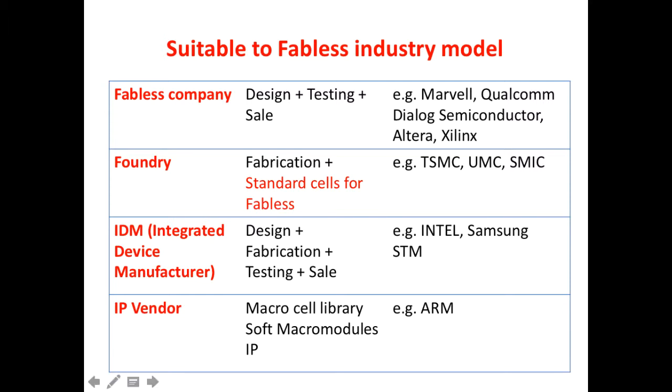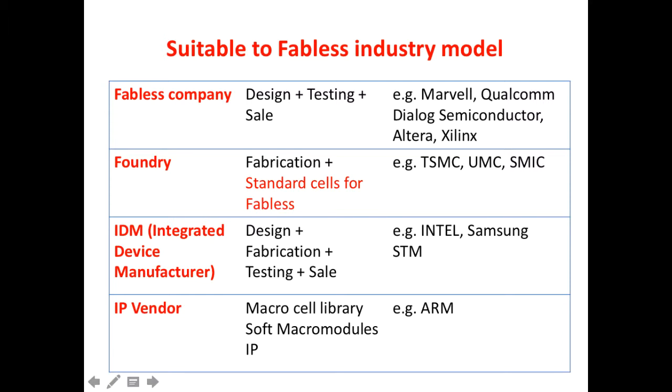If we consider what we have discussed up to now, typically the standard cells are provided by the foundry. So the custom design of the standard cells that are used for a standard cell design is done by the foundry.